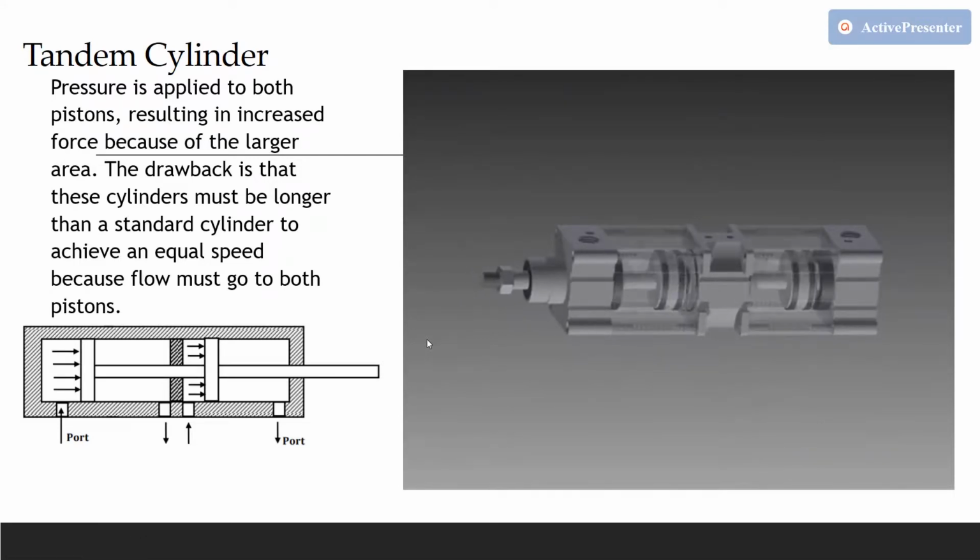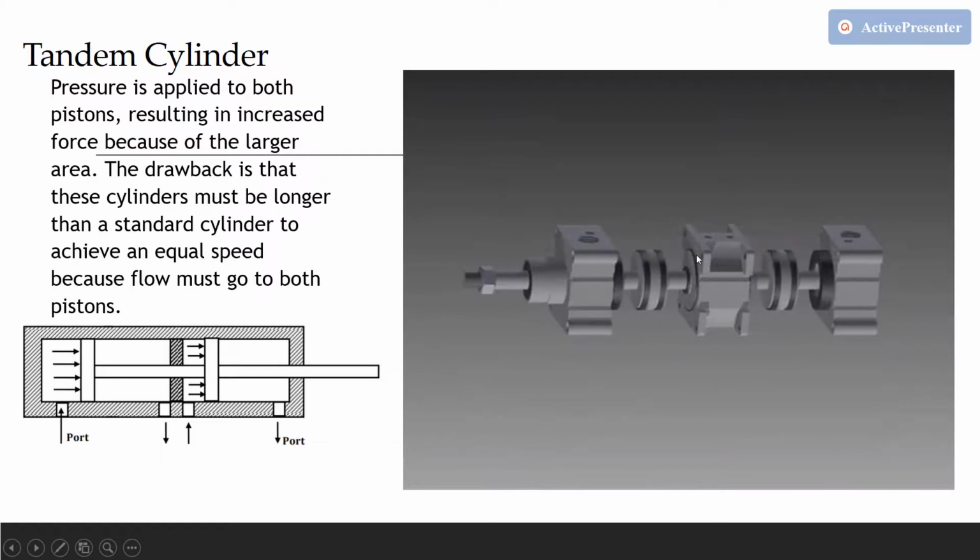When you are in need of a large amount of force from a small diameter cylinder, we can prefer tandem cylinders. The pressure is applied on both pistons, resulting in increased force because of the larger area.